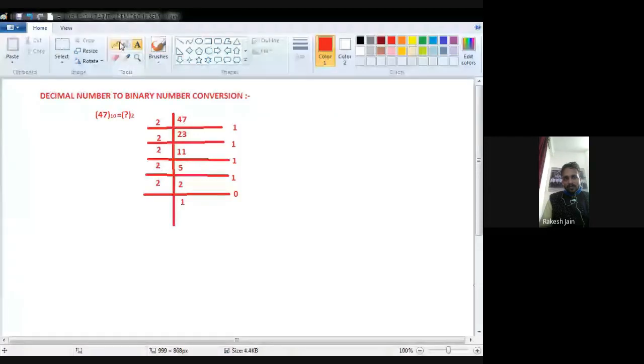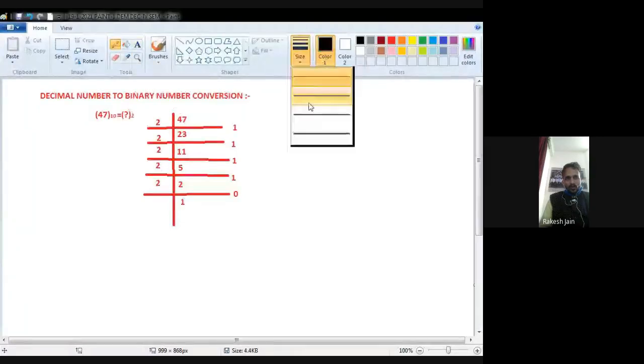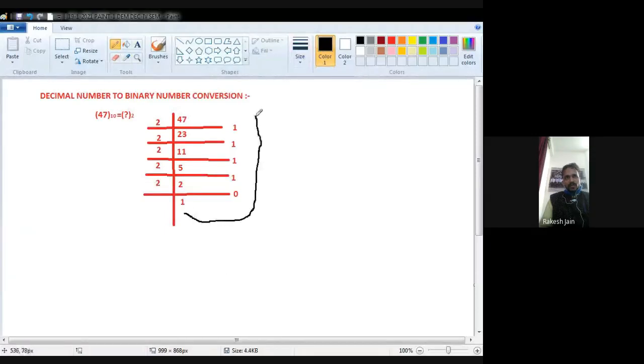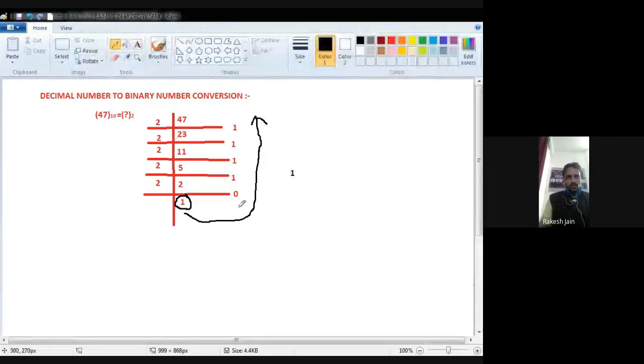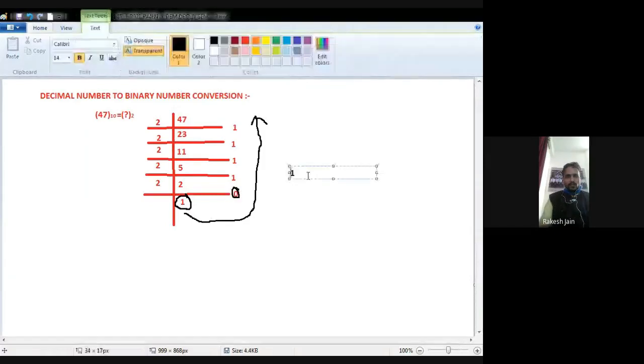So what is the binary representation of 47? After this division, we begin from bottom to top. See very carefully, this is the bottom number. From bottom to top, first we write down this 1, then this 0, then this 1, then 1, then 1, then 1.